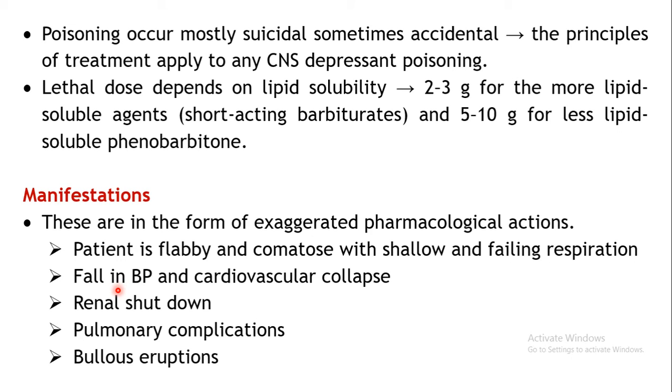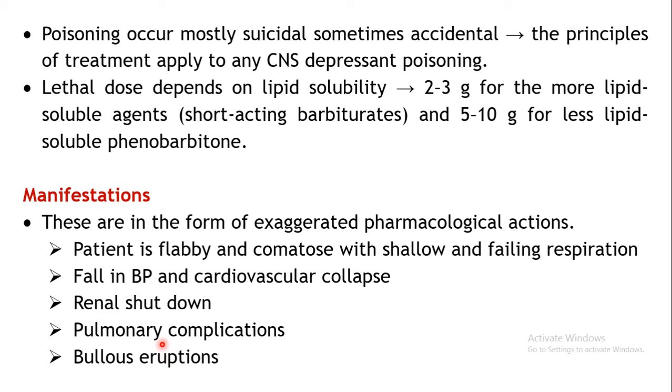Also, the next type of manifestation will be a fall in BP, or cardiovascular collapse may also take place because of the action on the CVS. Renal shutdown, that is oliguria, may attend the barbiturate poisoning. Oliguria is a decrease in the urine output, because we have seen that urine output is reduced by barbiturates.